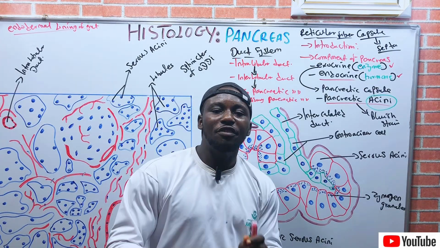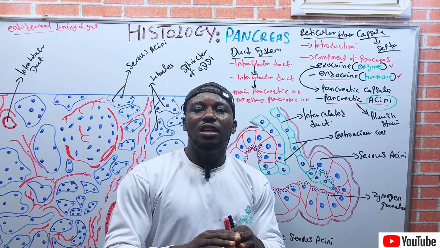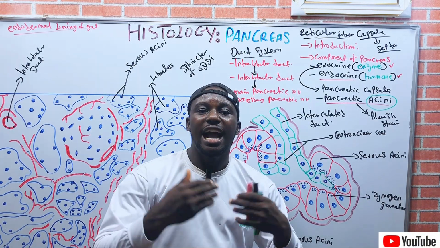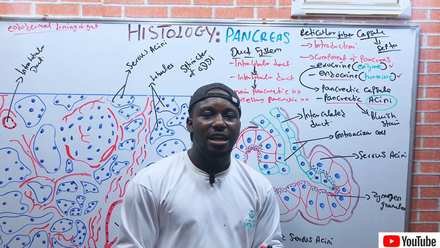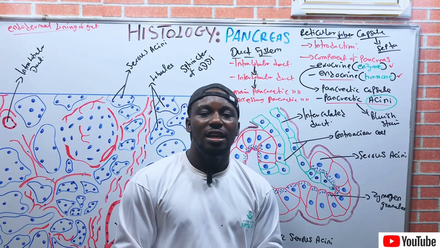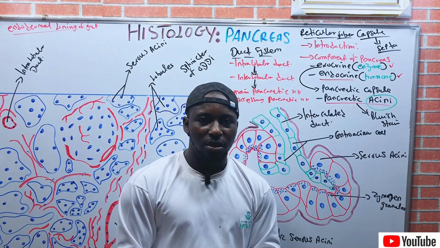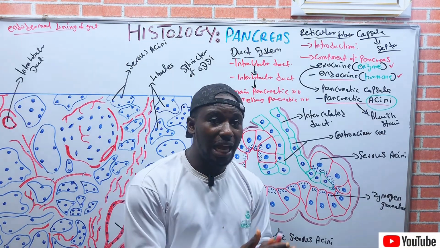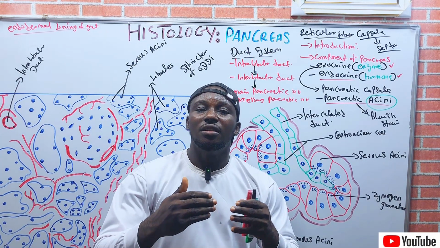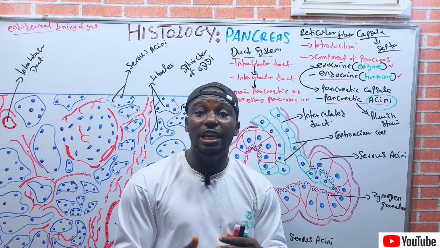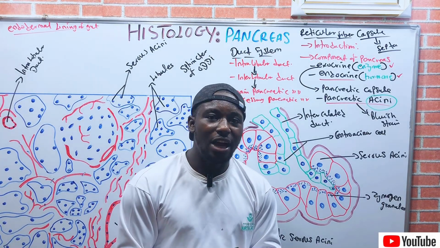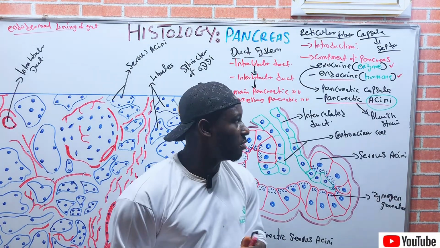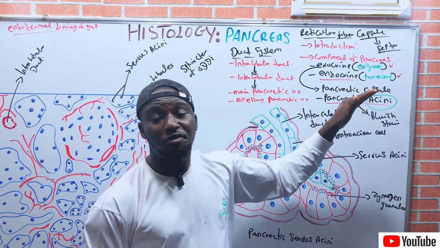Now, you have to understand again that each of these islets of Langerhans is surrounded by alveoli, which are separated from the islet by a thin layer of reticular fibers. Not fibrous, please, because that was in a different concept.